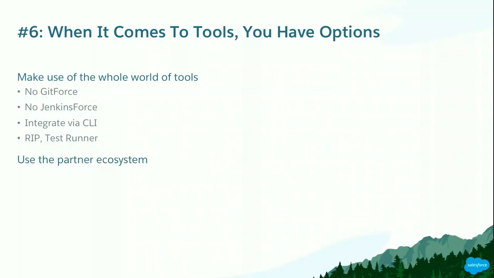You should make use of the partner ecosystem. I see, where are they now? I can't see them anymore. So AutoRabbit right out here, and I see Copado and Flosum over there. There are tools that do a lot of the deployment work that you see us talking about with Salesforce DX. And people have asked me, does this mean that what those companies are doing is not relevant anymore? I say no, absolutely not.